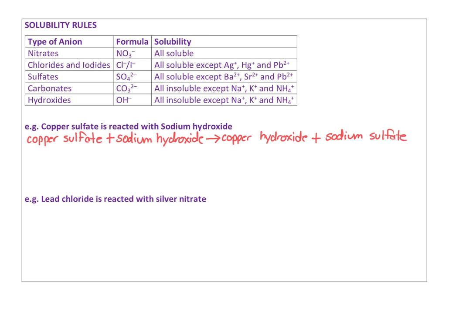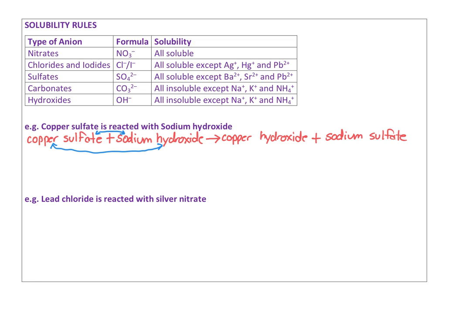So hopefully you can see there that we've gone with the copper has joined up with the hydroxide and the sodium has joined up with the sulfate. That's our sort of little partner swap.